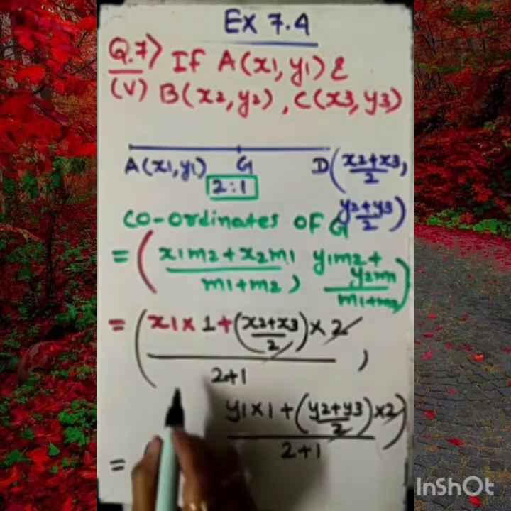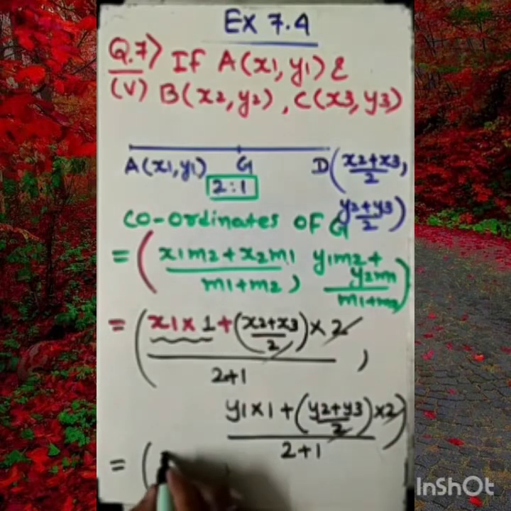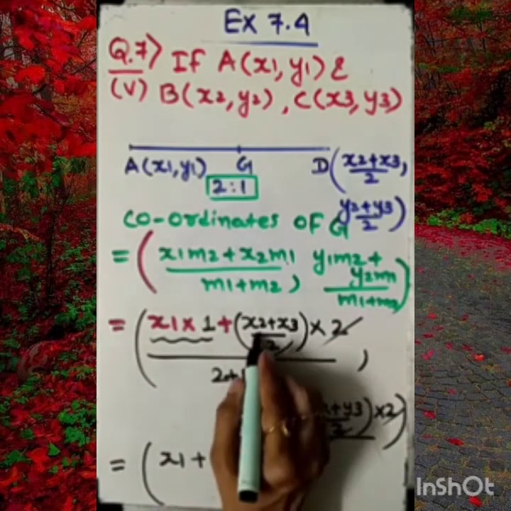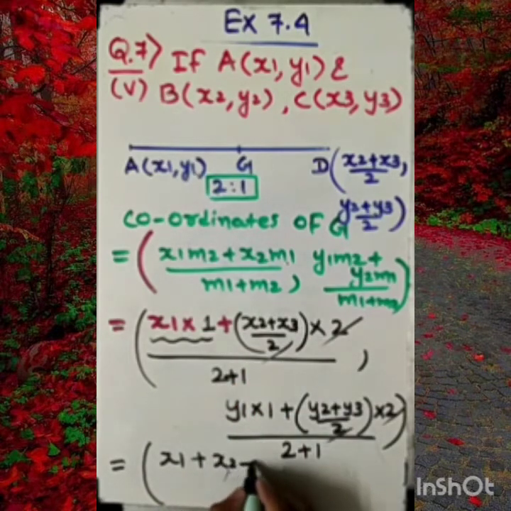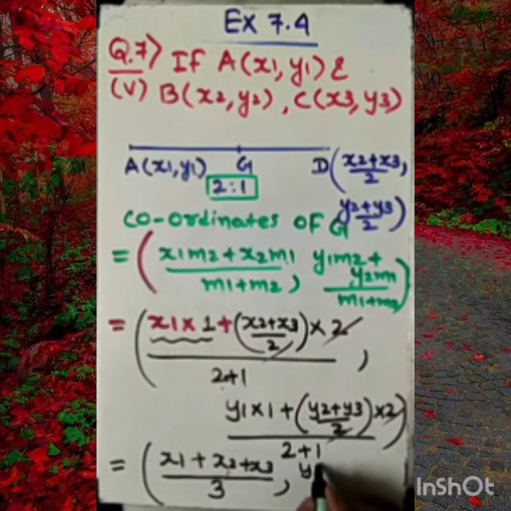Just look at your screen. This is x1 into 1. The product of this is x1, agree? This already cancelled. There is a plus sign between that, and x2 plus x3 is there, let it be as it is, upon 2 plus 1, that is 3. Comma. y1 is already here.